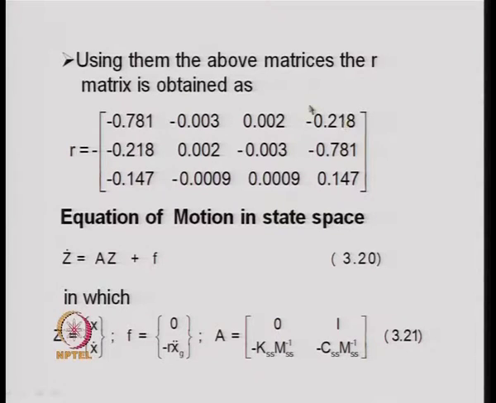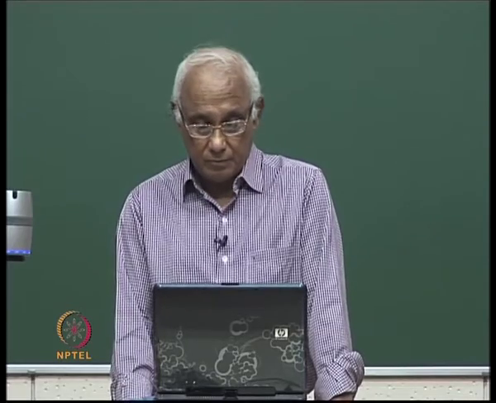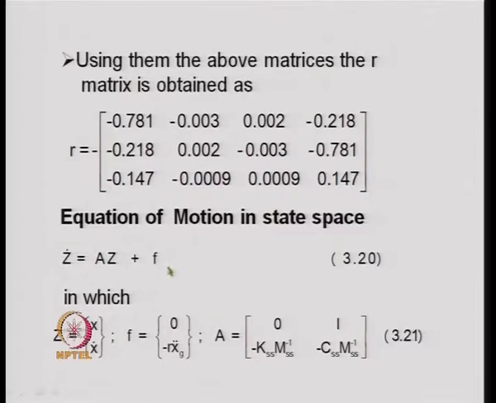Next we see how we can convert the equation of motion that we had written for the multi-degree freedom system with the R coefficient matrix on the right hand side.